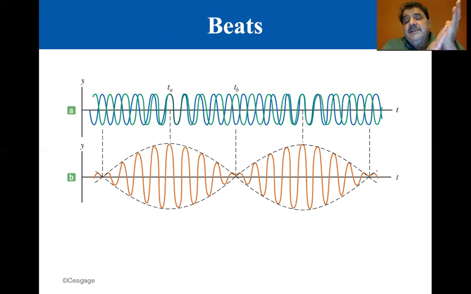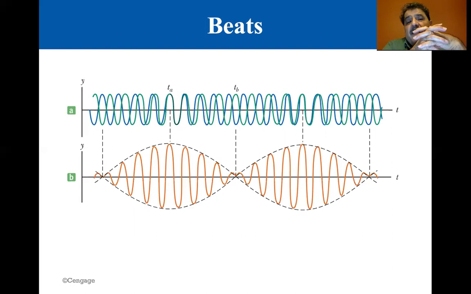You can experience this sometimes coming up to a stoplight, and if your engine revolutions are very close to the engine revolutions of your neighbor at the stoplight, you'll hear this vroom, vroom, vroom. You'll hear this beating between the two engines that are at very similar RPMs. But we can do it with tuning forks.